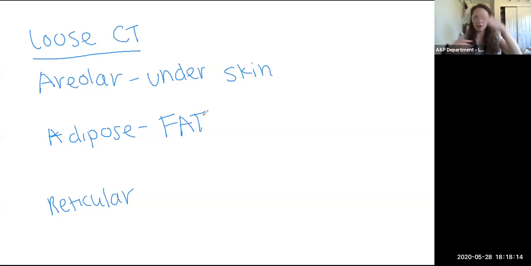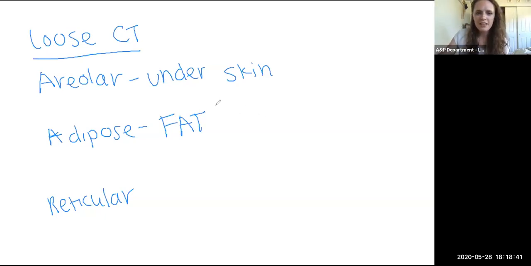Fat is found under that areolar tissue. And it's literally just for storage. It protects you. So if you are a fluffy person and you get hit by something, it protects your bones inside because you're not going to be hit directly on the bone. It's going to hit your fat first. It's going to provide insulation. It's going to provide energy storage. You can use your fat if you aren't able to eat food.